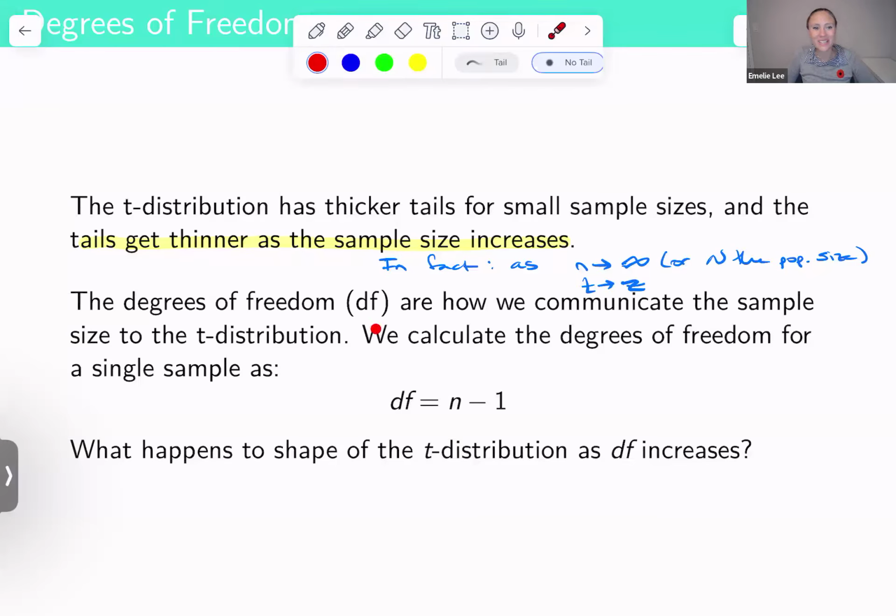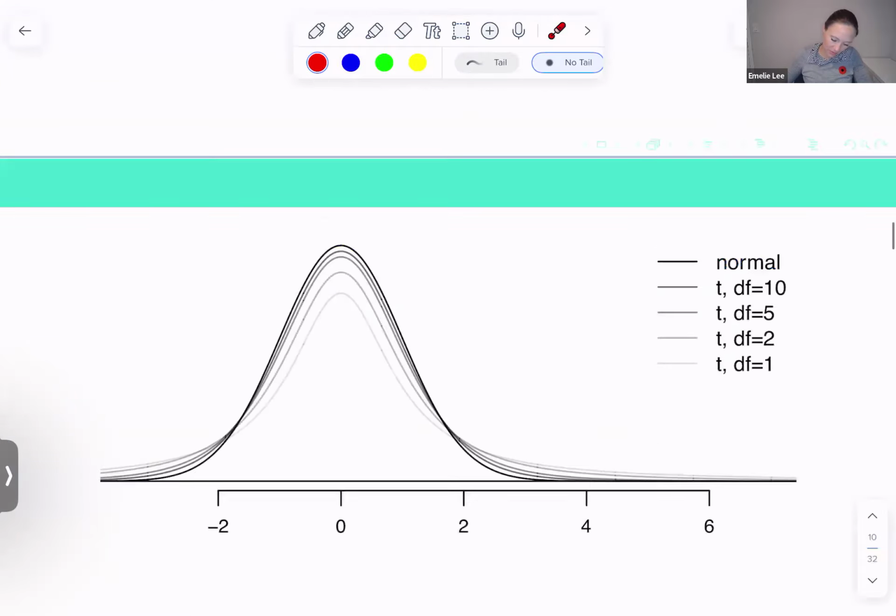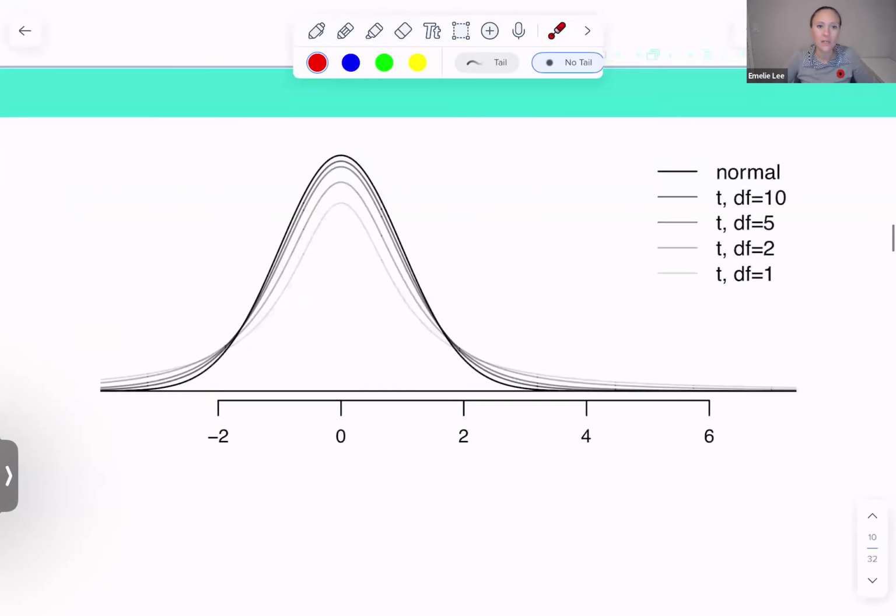So because it depends on the sample size, the degrees of freedom are how we communicate the sample size to the t-distribution. Okay? And for a single sample, the degrees of freedom is n minus 1. Okay? And so what happens to the t-distribution as the degrees of freedom increases?